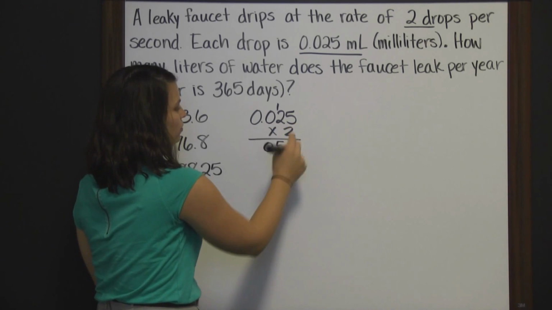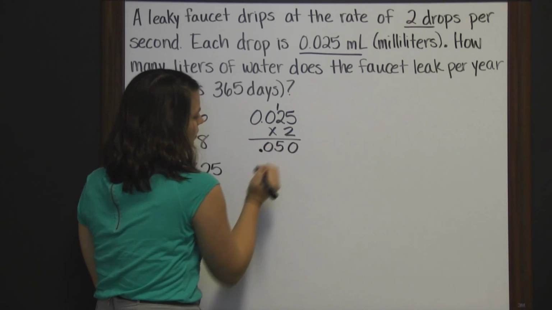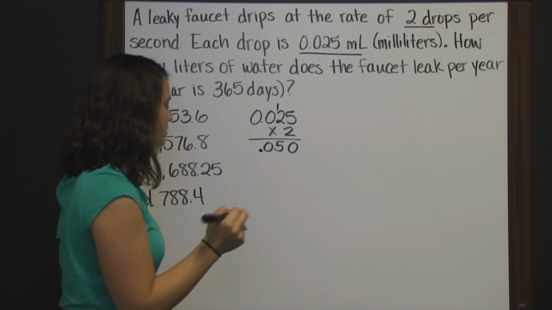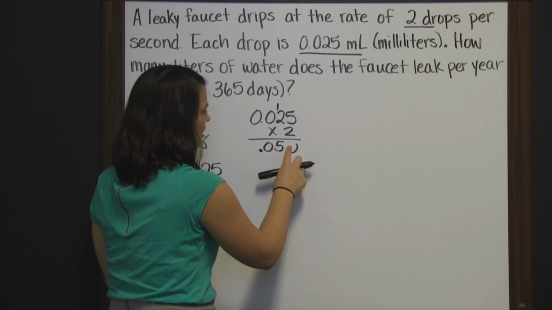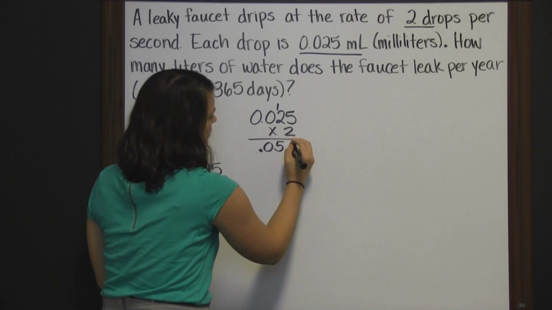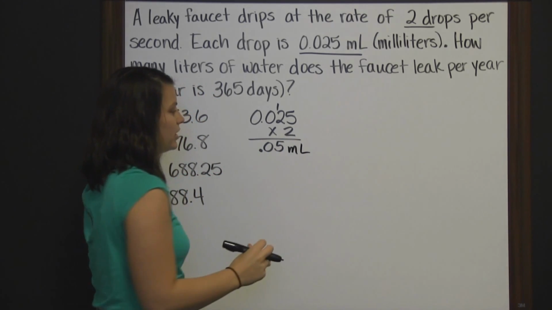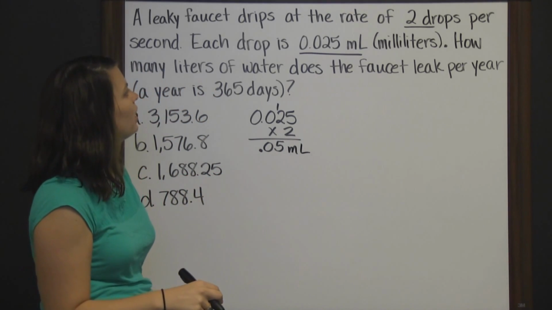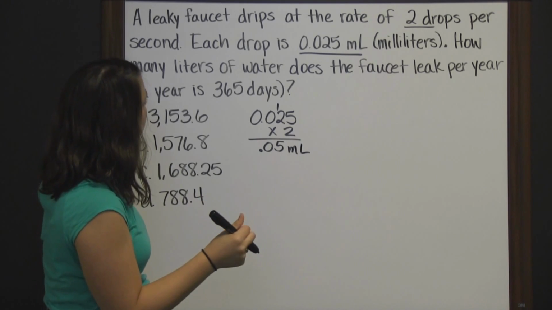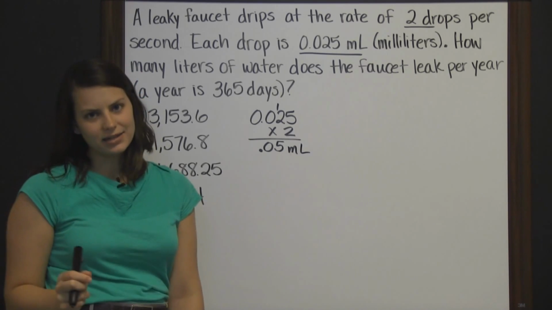We have 3 numbers behind the decimal, so our answer should also have 3 numbers behind the decimal. Really, we can get rid of this 0, it's unnecessary. So it's 50 thousandths milliliters of water drips out each second.